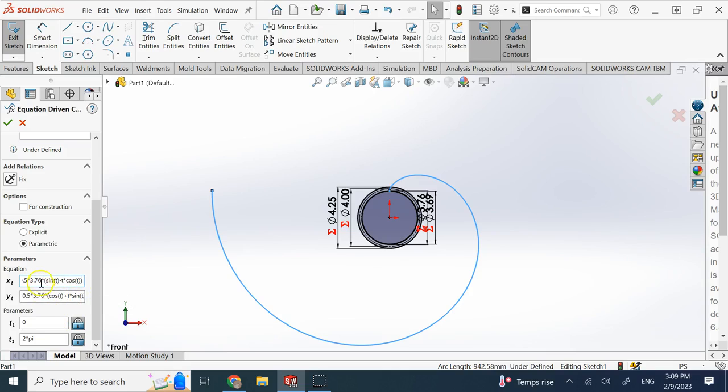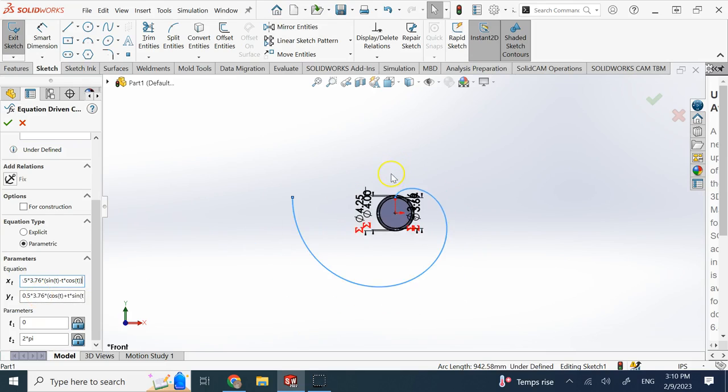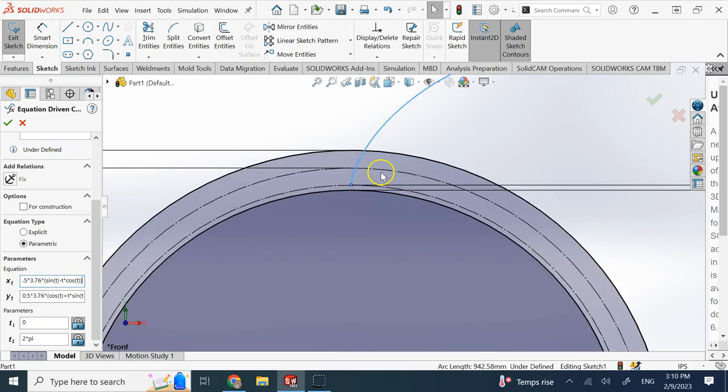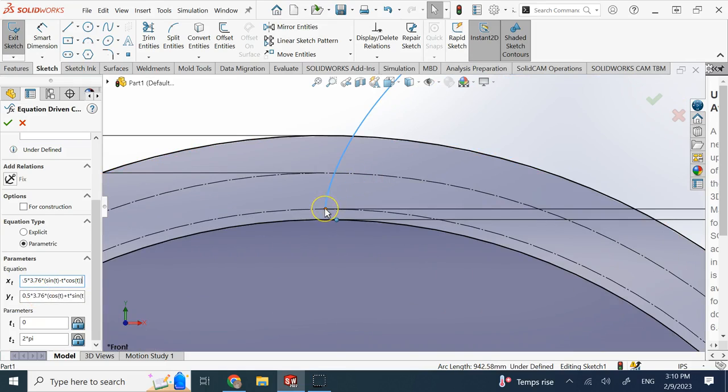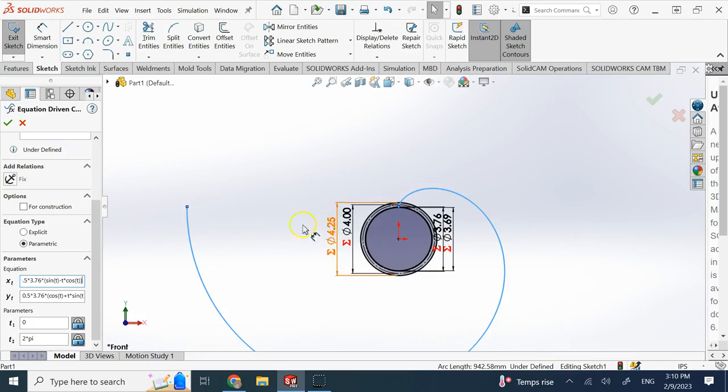So x is going to be 0, y is going to be what? Diameter of the base circle, and that is exactly this point here. You see, it is exactly starting on the base circle, and then when it goes to 2 pi, it goes one full revolution and comes back.